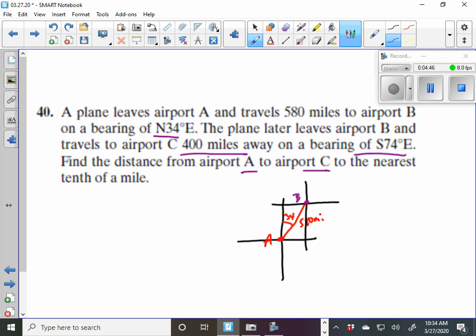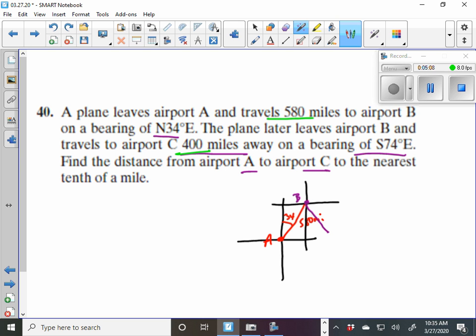So 74 degrees is down here someplace. And this is kind of scary because we don't really know, does this go below or does it go above? So we're going to have to guess in terms of the mileage, 400 miles versus 580 miles.